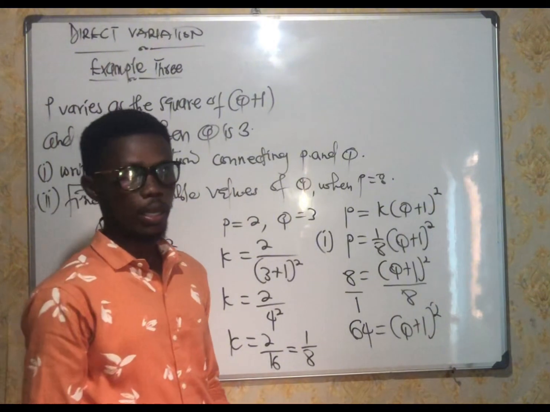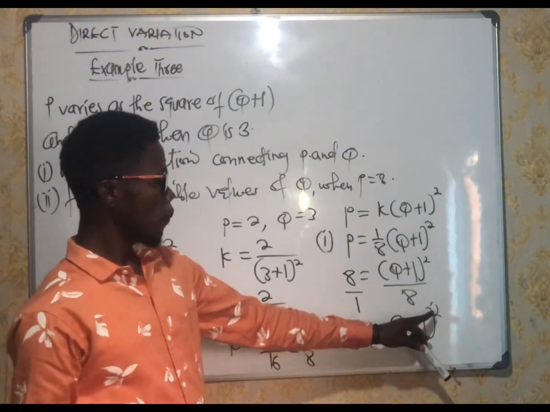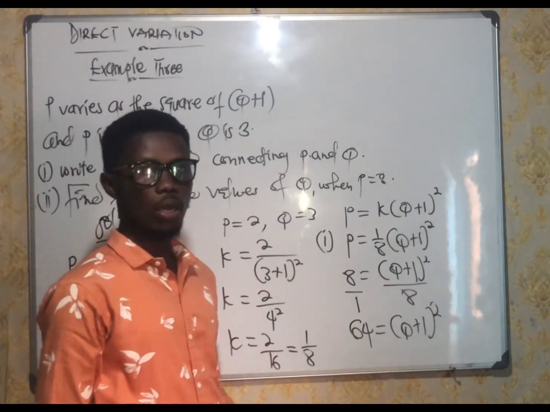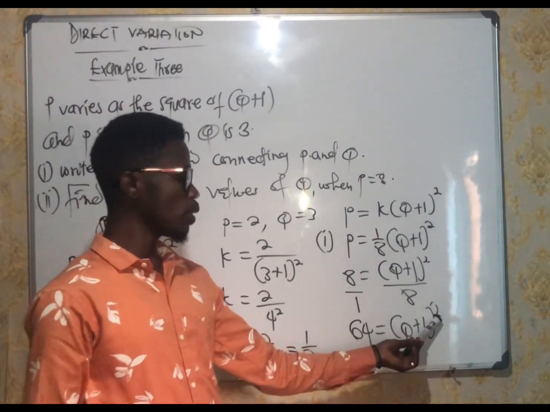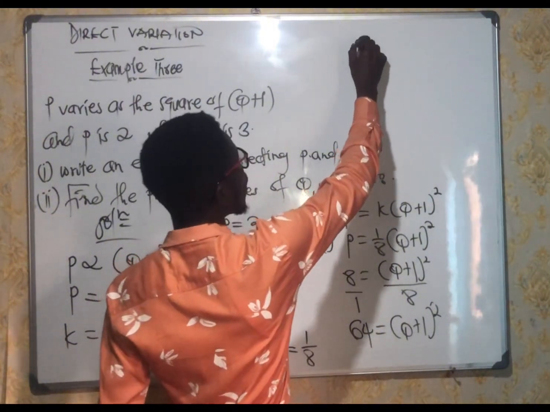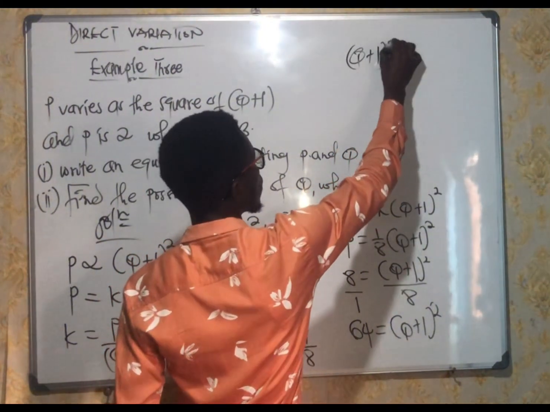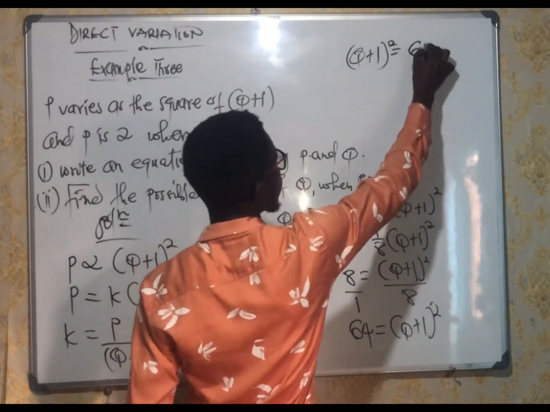Is that okay? Now that we have this, we have to take the square root on both sides in order to eliminate the square. So let me do it. (q plus 1) squared is equal to 64.